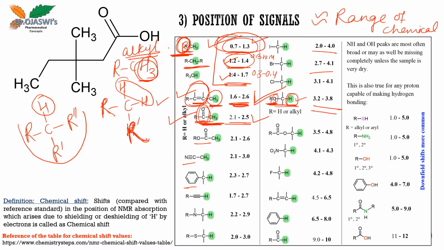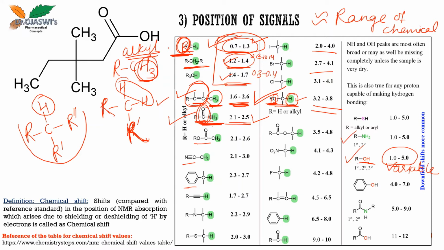I hope you are understanding. If this hydrogen is directly attached to oxygen, then the peak may appear between 1 and 5. This is the variable range for the hydrogens which are present on oxygen and on nitrogen.